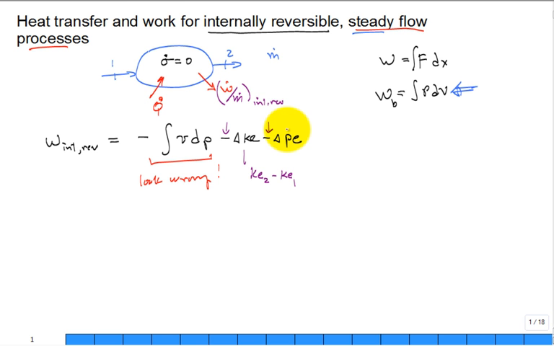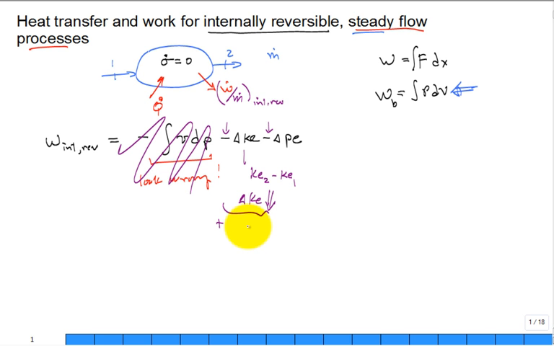Let's do this for a minute. If we just drop out this term, we can drop that term out, right? Let's say that there's no change in the pressure. Would this equation make sense? If the kinetic energy change was negative, so the delta ke is negative, then a negative of that would be a positive work out.